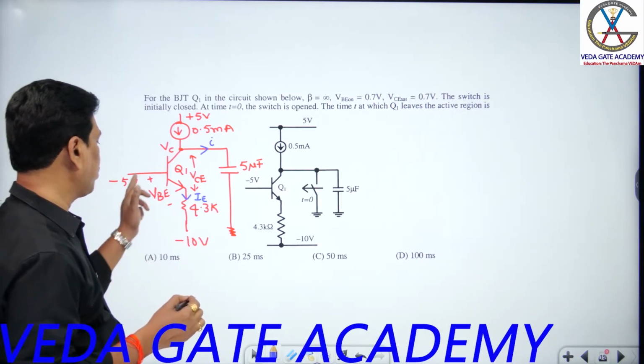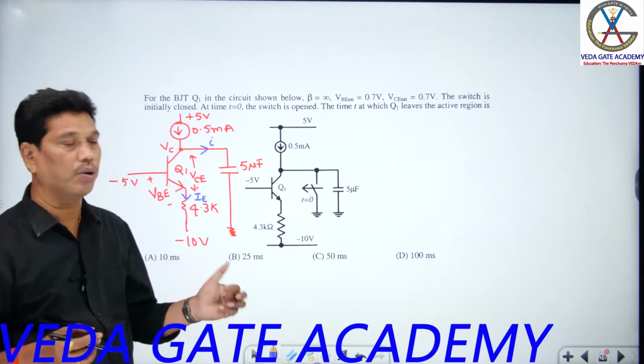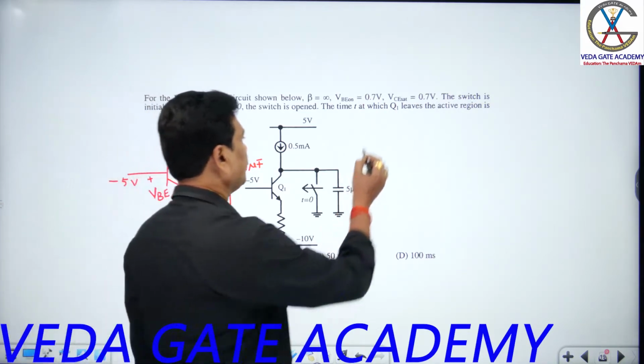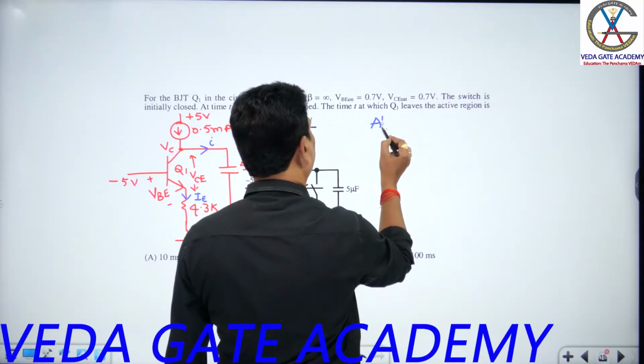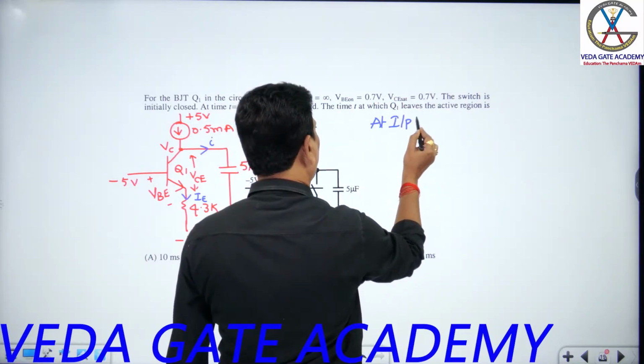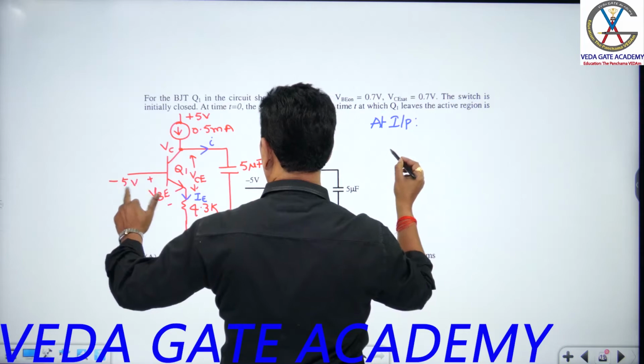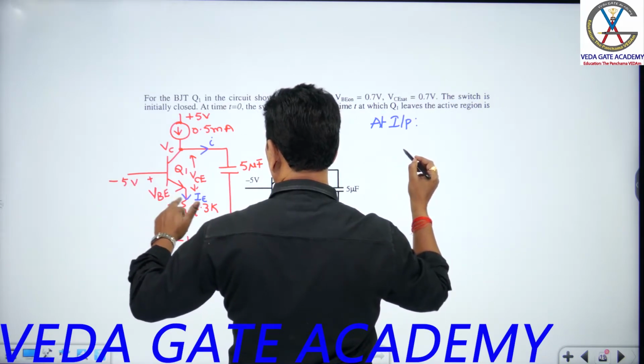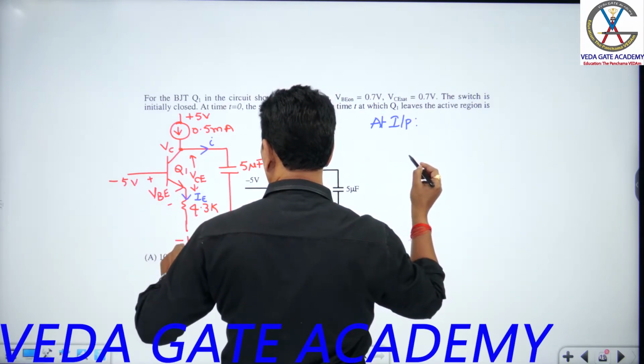Now I can apply KVL to the input loop. The supply is minus 5 volt, here is VB, here IE flows through the 4.3K, and the emitter bias is minus 10 volt.